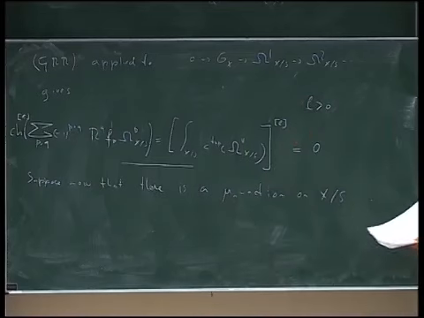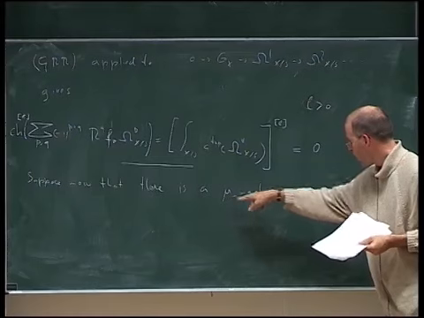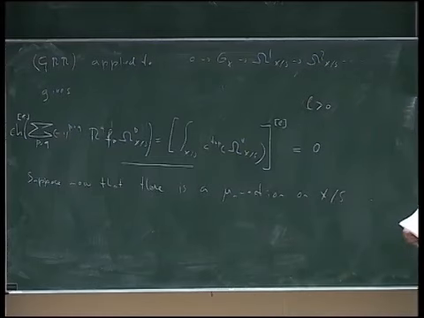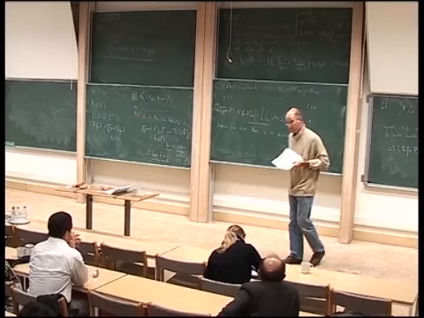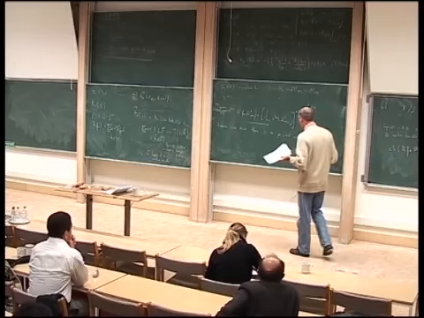Mu_n is the group scheme of nth roots of unity, and we ask that there is an action of mu_n on X as a scheme over S, so the action on S is trivial.